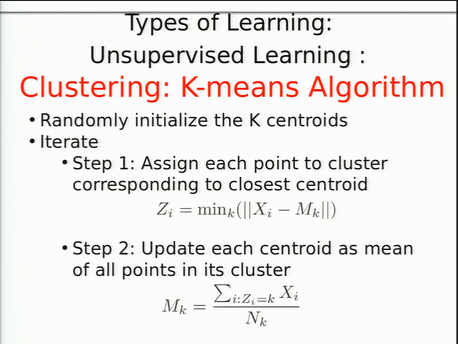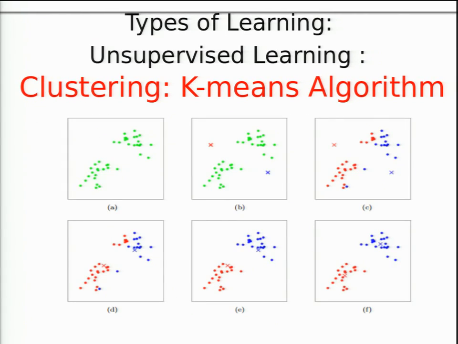Let me show you pictorially what I mean by this. In figure A, I have a set of points and I can group them into two clusters. I arbitrarily start with two cluster centers, the red cross and the blue cross. In step 1, I color every point that is closer to the red cross as red, and every point that is closer to the blue cross as blue.